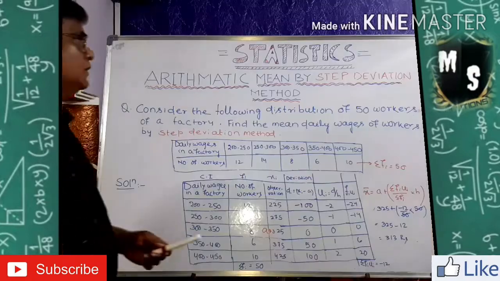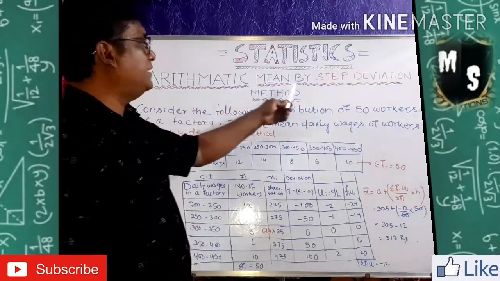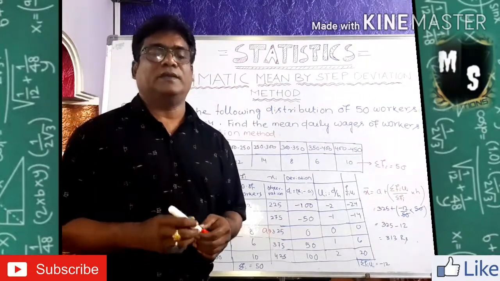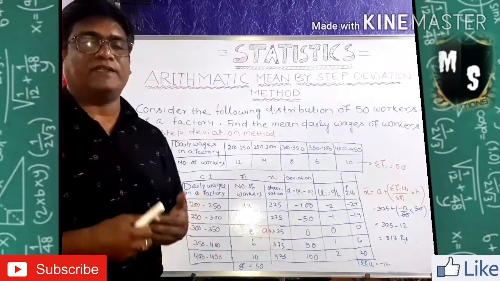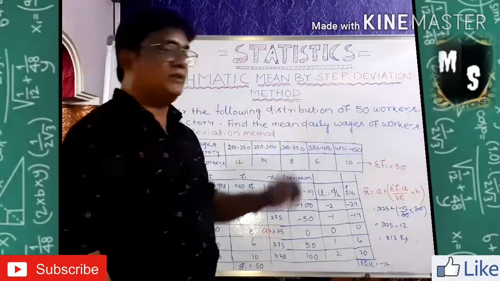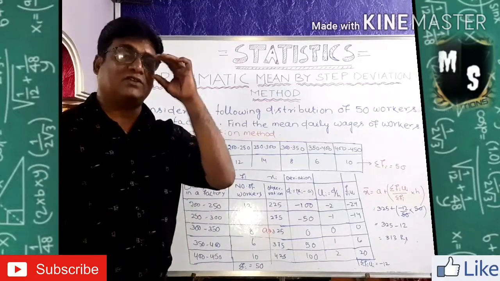Next, now I am explaining the arithmetic mean by the step deviation method. The sum I did last time by the assumed mean method, now I am solving by the step deviation method. You see how I solve it. It is a little bit easy, called the shortcut method.